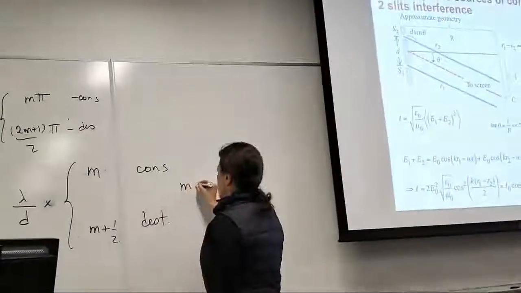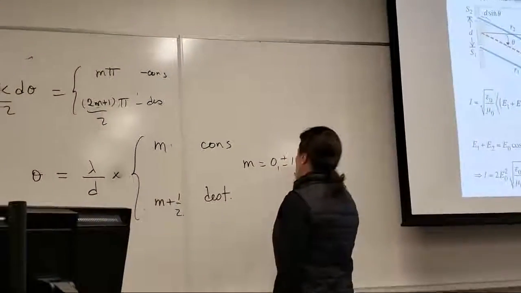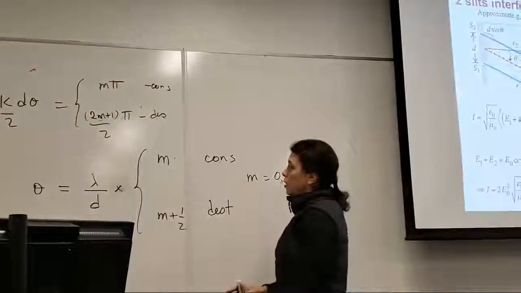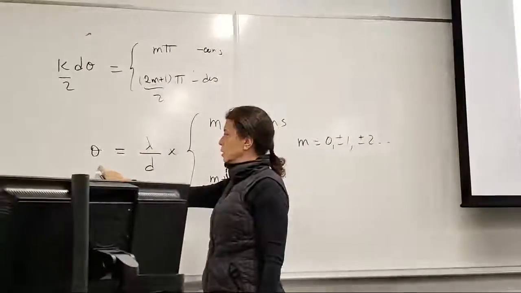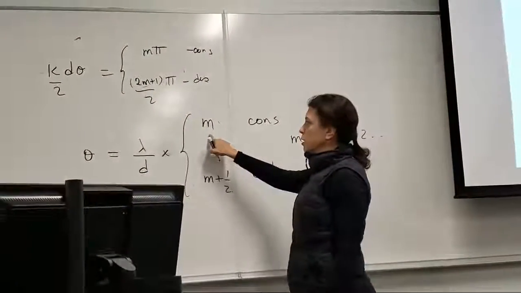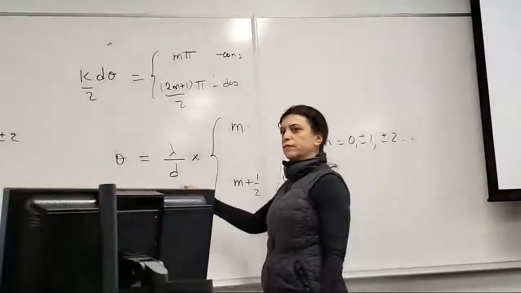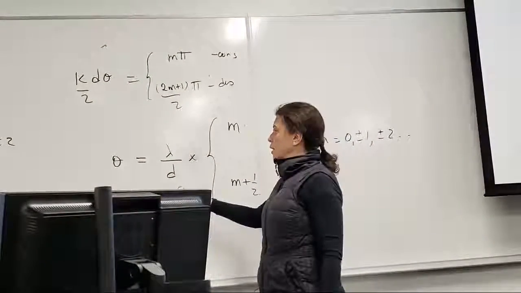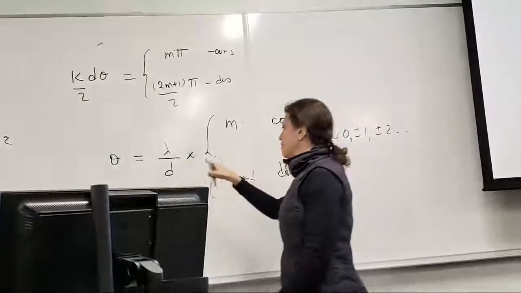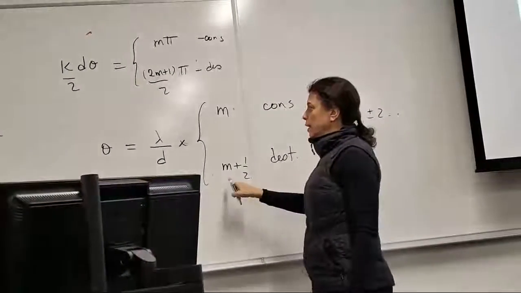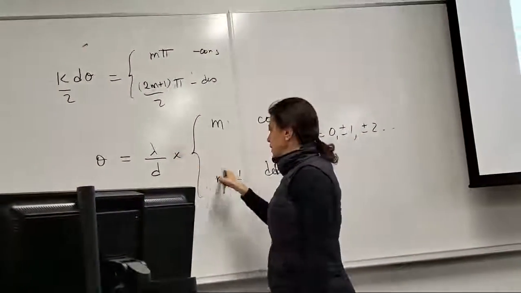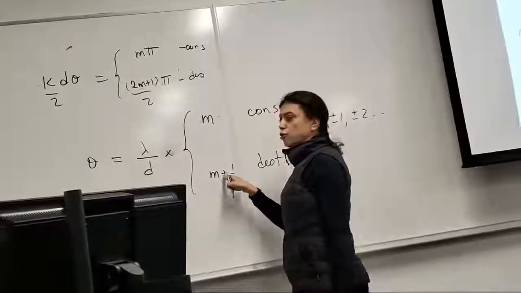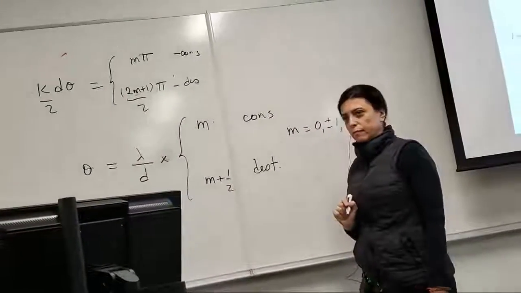And m again is equal to 0, plus or minus 1, plus or minus 2, etc. So the angles at which you have maximums are multiples of lambda over d. The angles at which you have destructive interference are lambda over d times this integer plus 1/2. Okay?